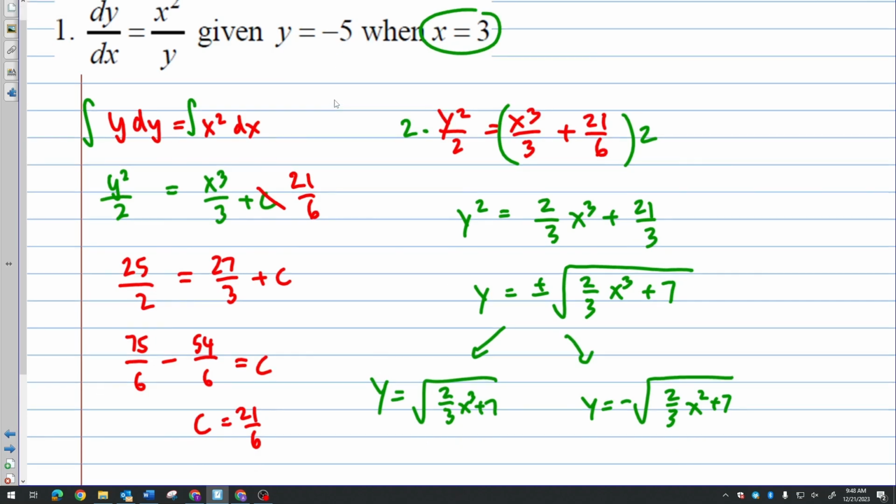So if I plug in 3 here, which of these equations will give me -5 as the answer? And so it turns out this one right here is the y equals that satisfies my initial condition. Okay. There's probably other ways to do this problem, especially if you solve for y before you solve for c, and you could do it either way as long as you get the same answer.